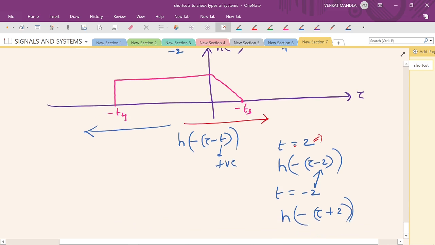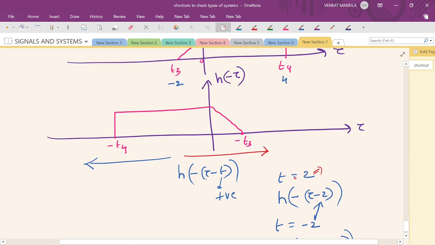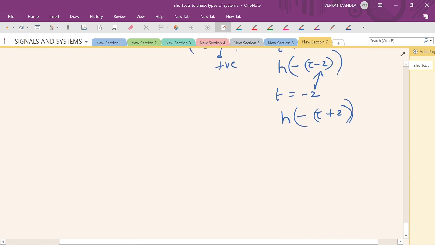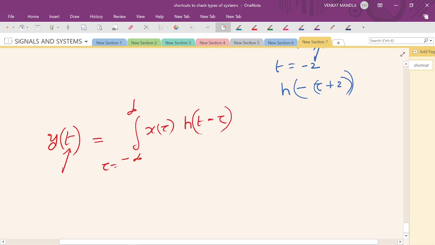I don't know this small t. I need to find out a small t. What is small t here? Y of t equal to integral minus infinity to plus infinity, these are tau limits, x of tau, h of t minus tau. These t limits I need to find out.